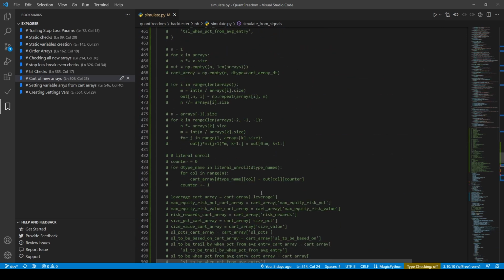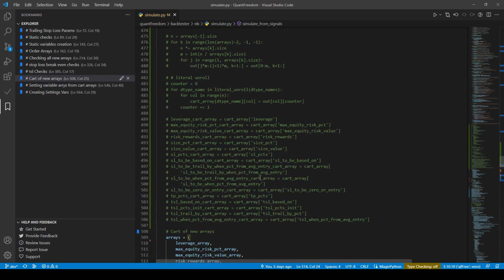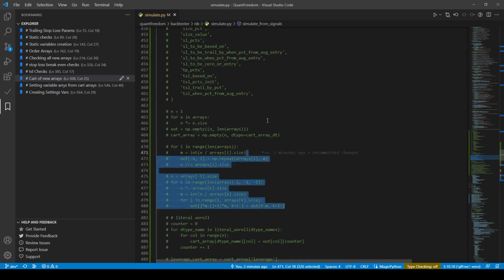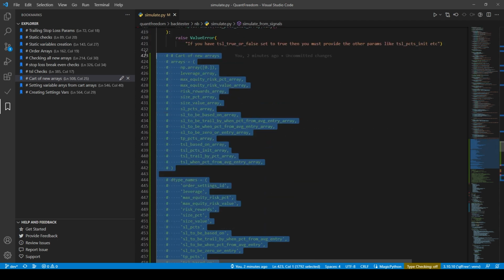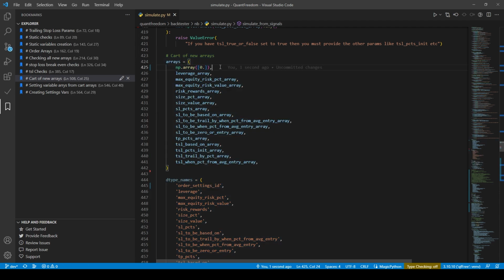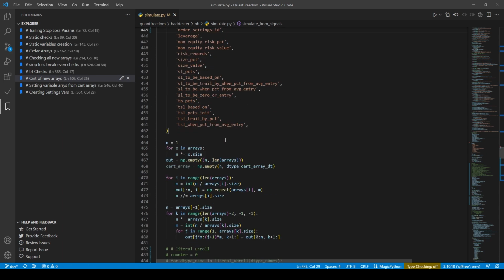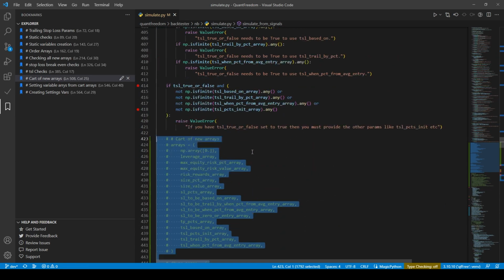Actually, I can actually undo all of this. Just do this here, do this. I don't need the D-type names. Whatever. Let's leave it the way it was.